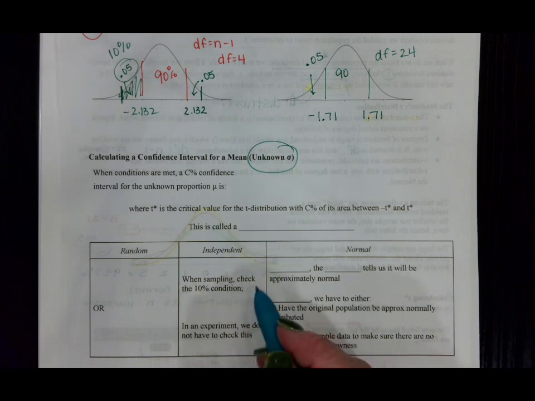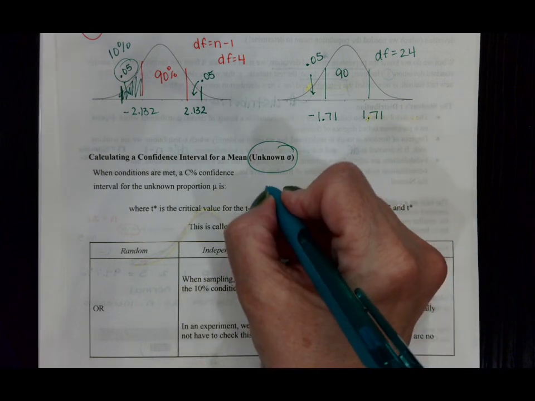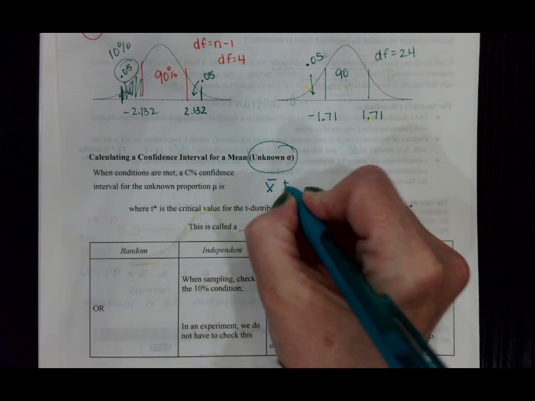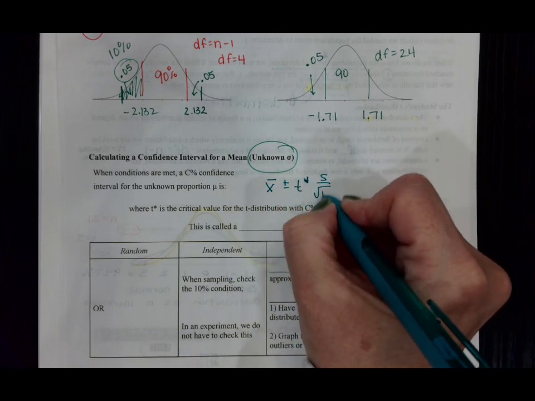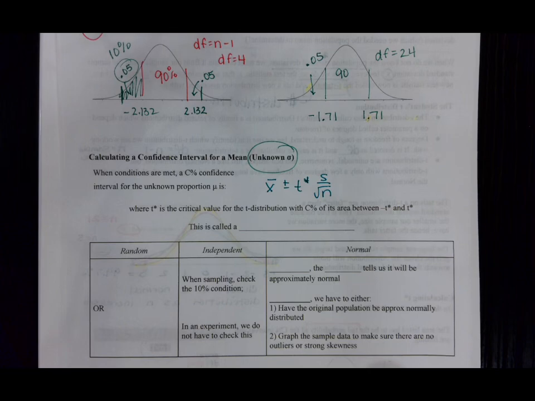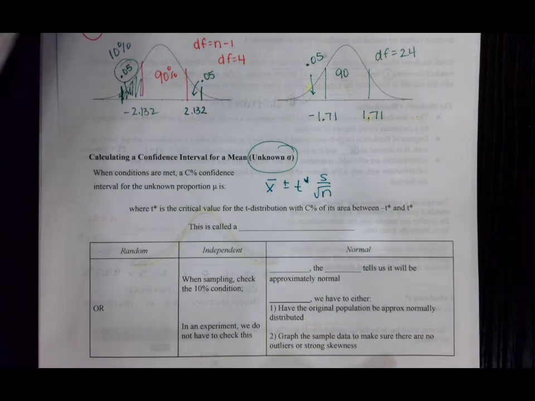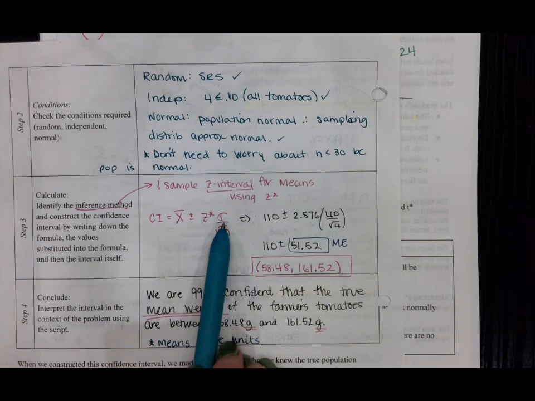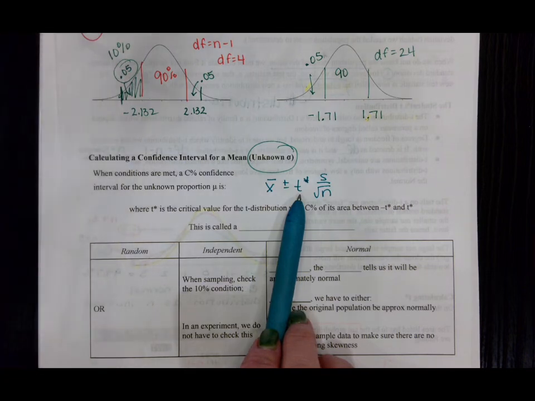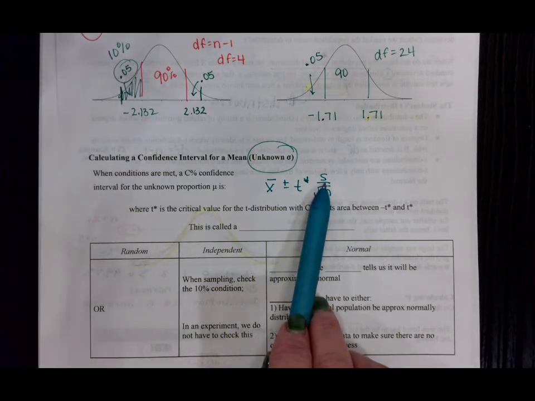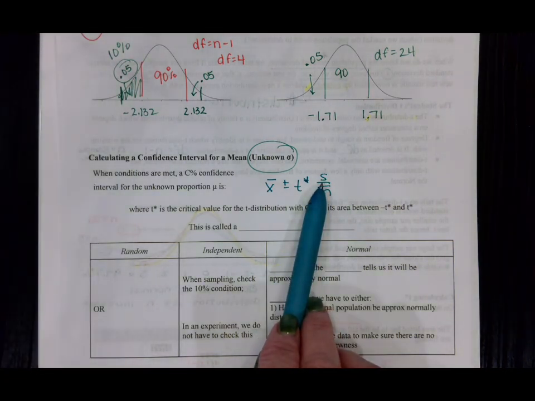So our formula here becomes x bar plus or minus t star s over the square root of n. Now, if you compare that to what we had a minute ago, we said that this is our population standard deviation and Z. The only thing that's changed is now we're using T and we're using our sample standard deviation.